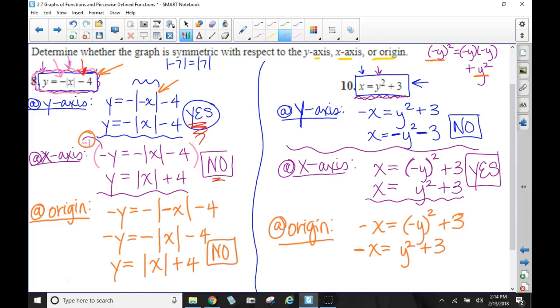But when we take this negative and run it through everything, we'll have positive x equals the opposite of y squared minus 3. So this, again, does not agree in sign with what we have above. So this thing's not symmetric about the origin. All right, we'll do another example coming up.